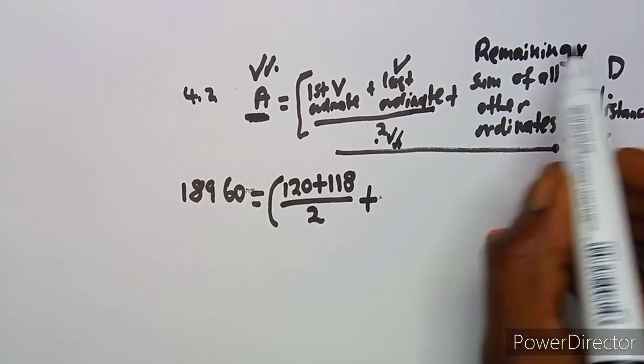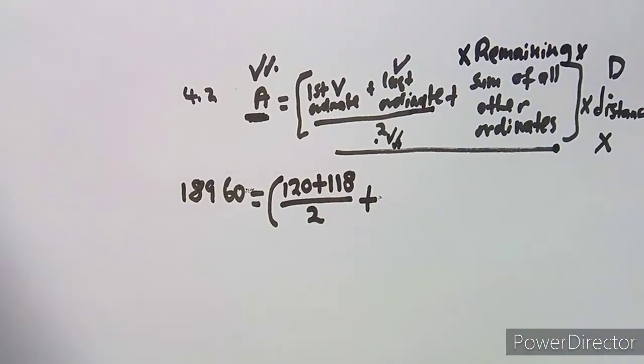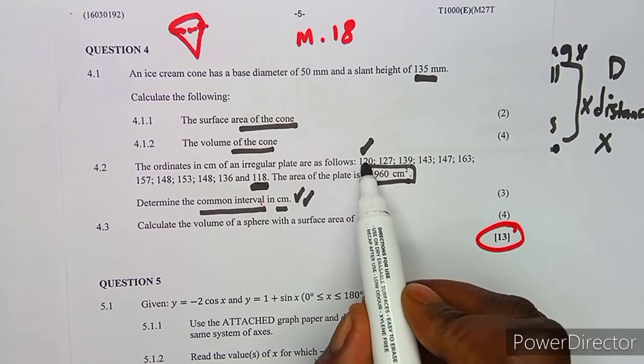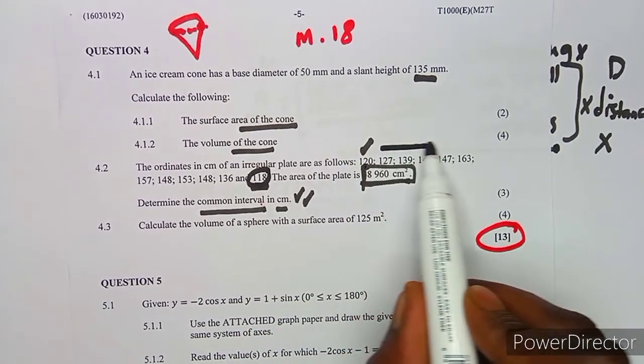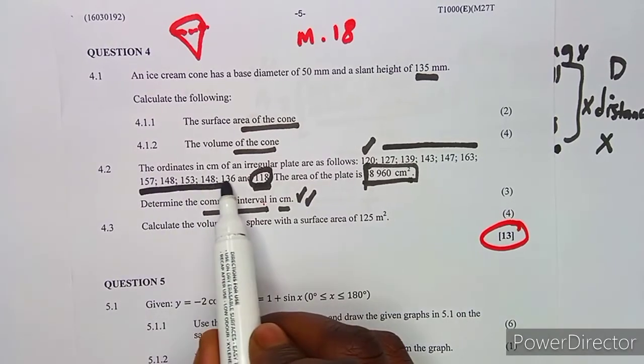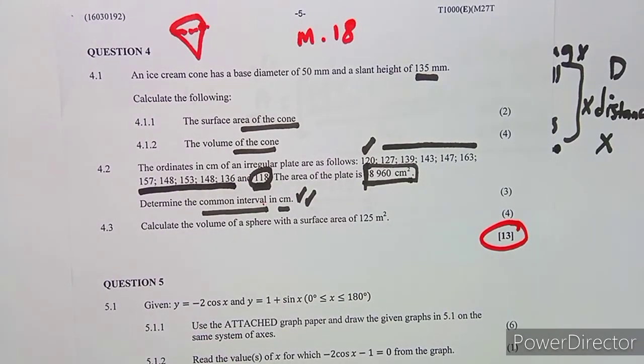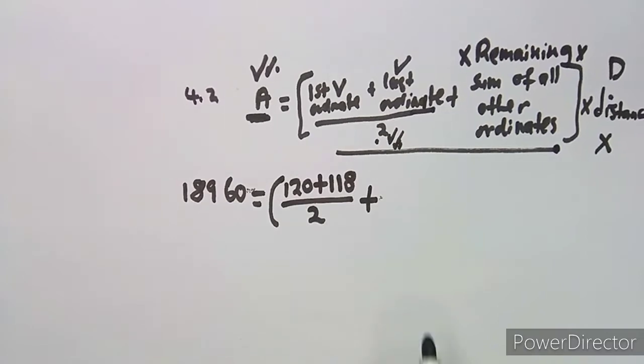What is remaining here? We have taken this 120 and this 118, so we remain with all these ordinates. You add them together. Let's add them together.